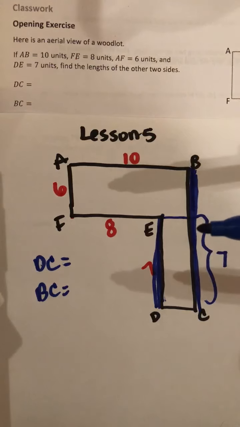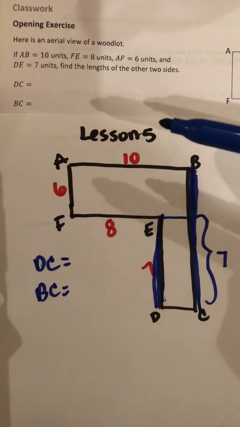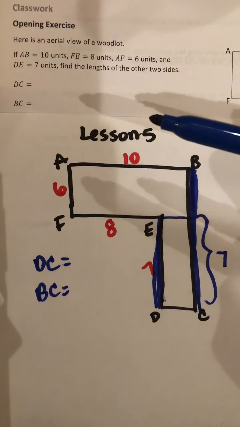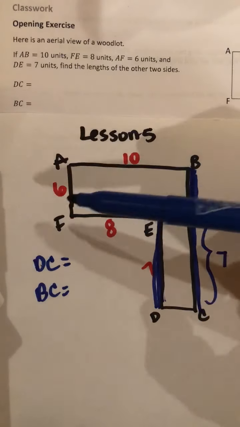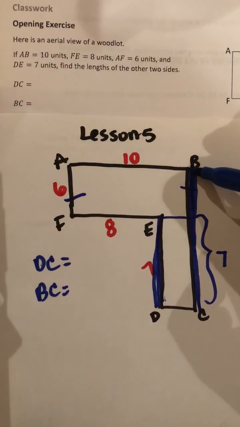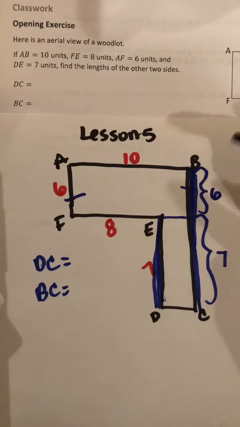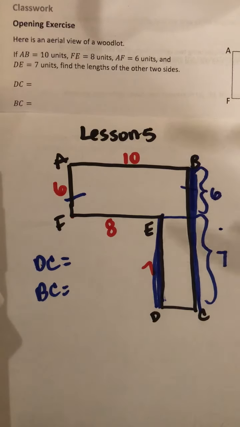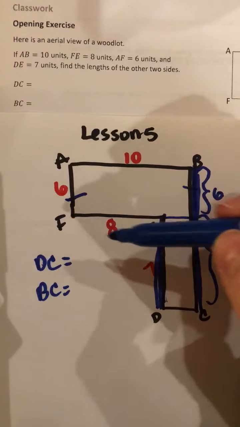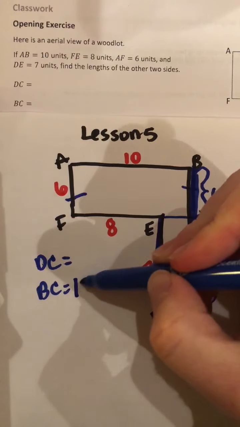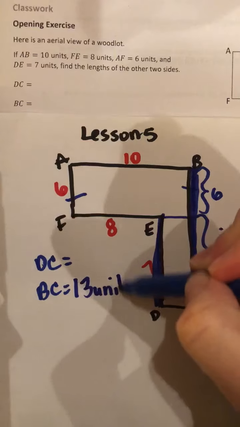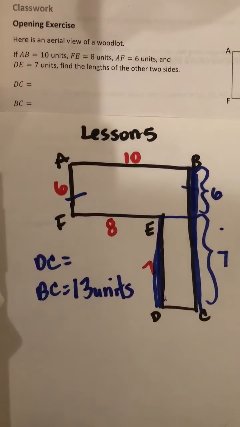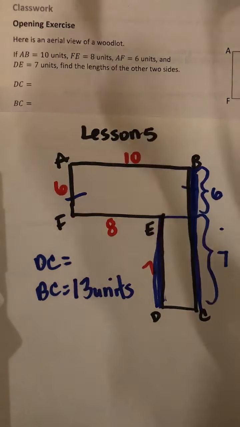The properties of a rectangle are that opposite sides are equal, so if this is 6, then this is 6. So BC is going to be 6 plus 7, so line BC is going to be 13 units. And we found that by adding.